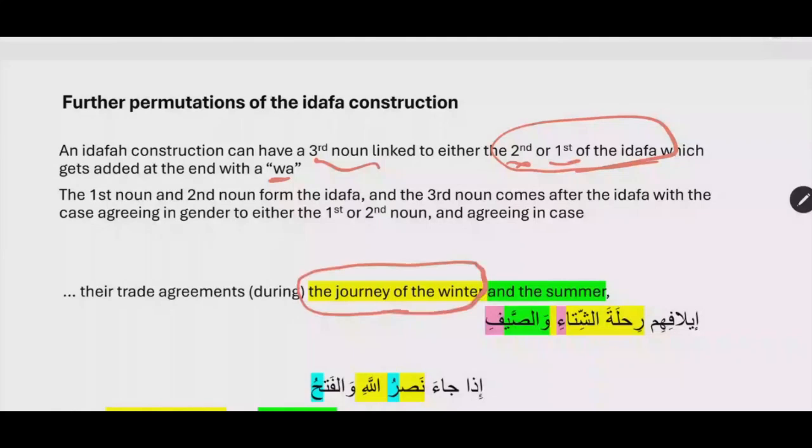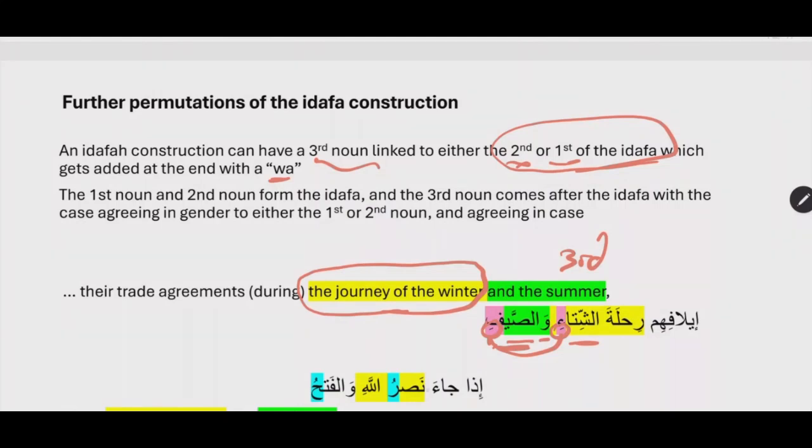That's the idafa construction. And the third noun, you add at the end with that word "and": the summer. Notice the case agrees with the winter and the summer. Both take kasras, so you know it's the journey of the winter and the summer.